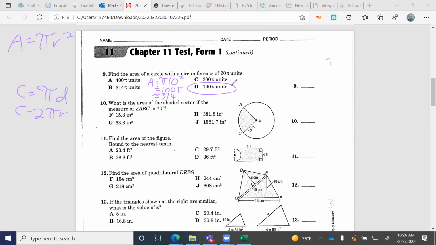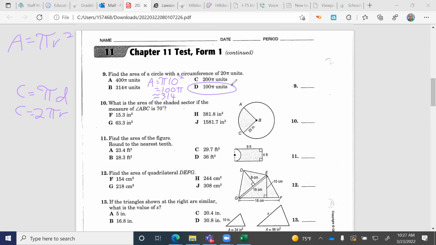When you're dealing with area for a circle, you could leave things in exact values or in terms of pi. All these answers are in terms of pi. So we could have stopped here at 100 pi, that would have been our answer. If we multiplied out pi, this is now a rounded answer, but pi is gone at that point. So it's not the same as B. D is our correct answer.